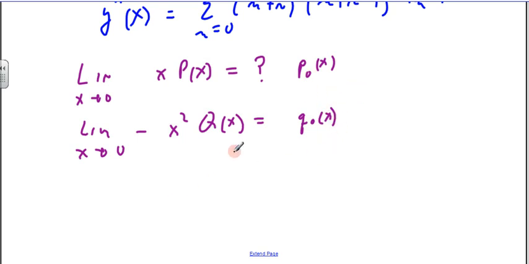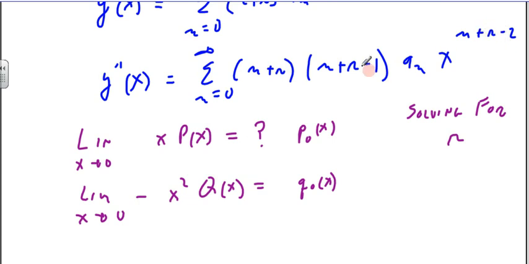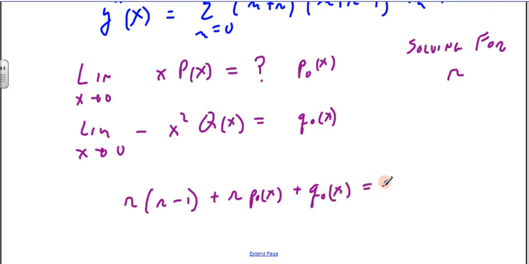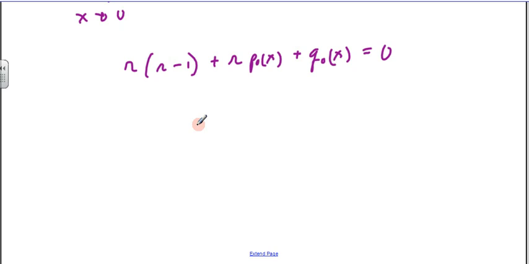And then what we're doing is solving for r. This r right here, that r right there, that r right there. That's what we're going to do. If we take r minus 1 plus r p0(x) plus q0(x) and set it equal to 0 and solve for r, we'll get that r is equal to something.